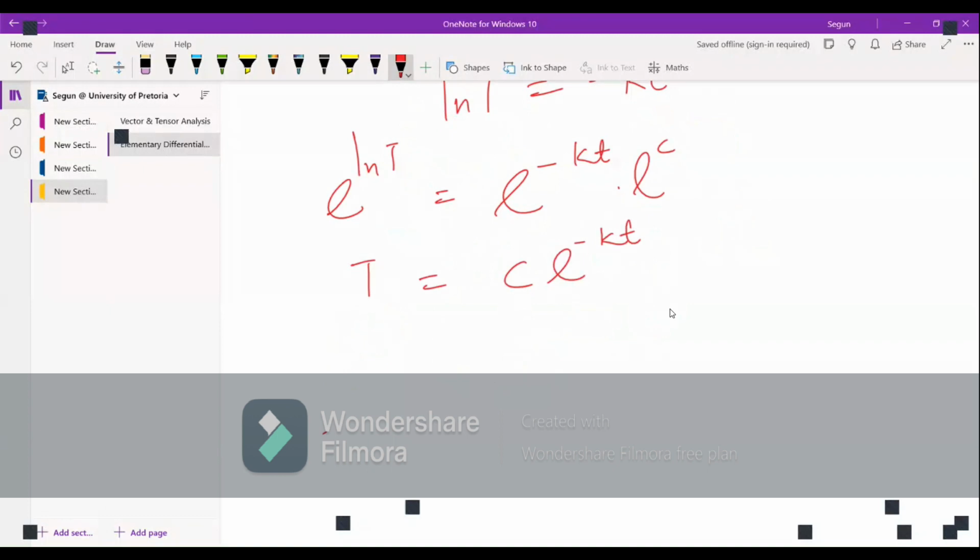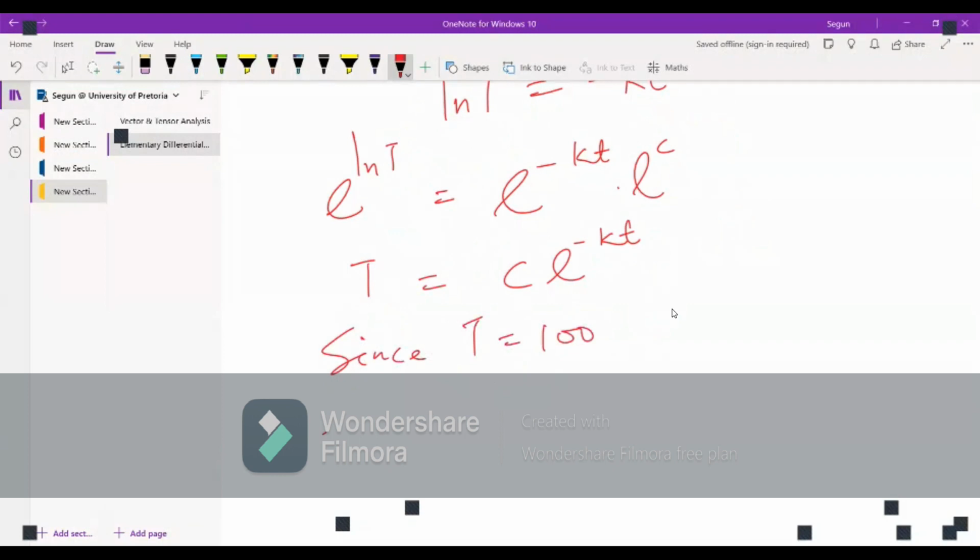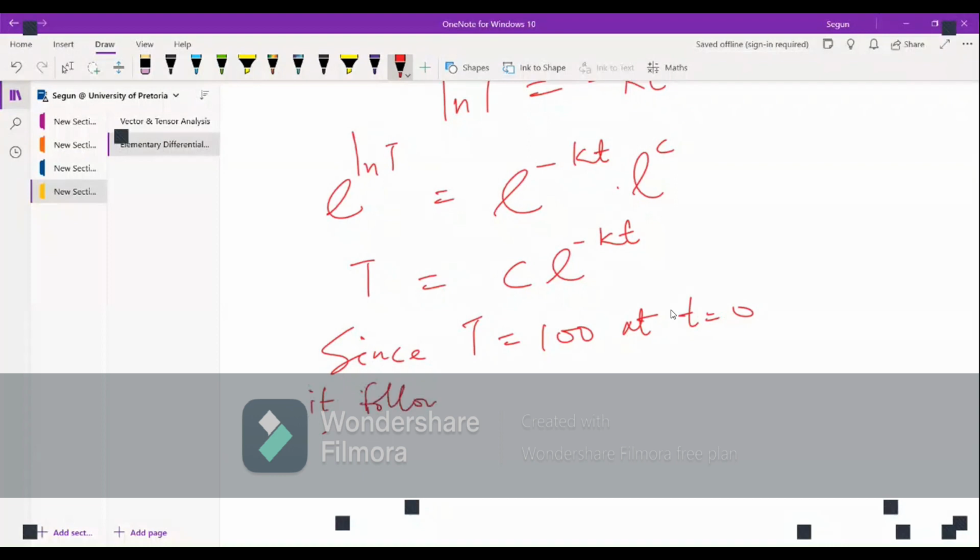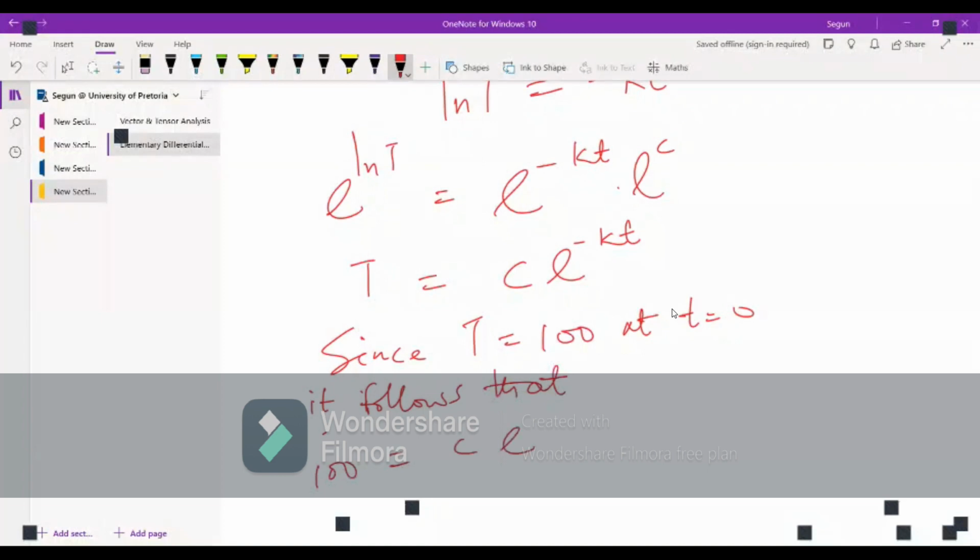Remember from the question, we were given the temperature. At small t equals to 0, that is the initial one, the temperature of the bar is initially 100 degrees Fahrenheit, which follows that 100 equals to C exponential minus k of 0, or 100 equals to C. Remember, exponential 0 is 1, so 1 multiplied by C is C. So our C is equal to 100.